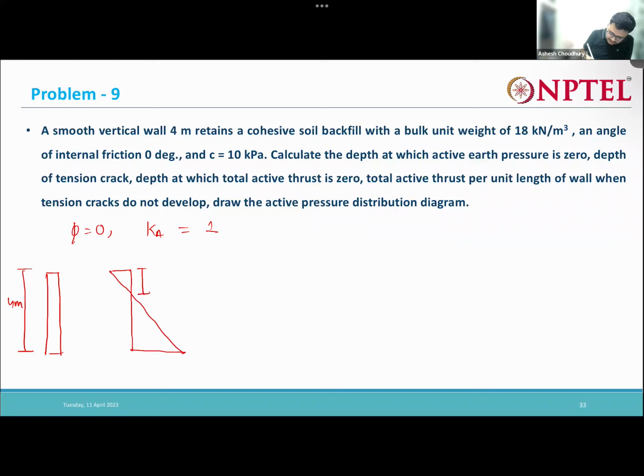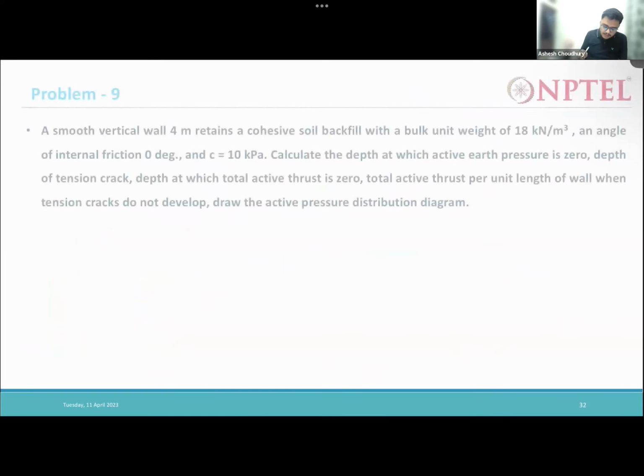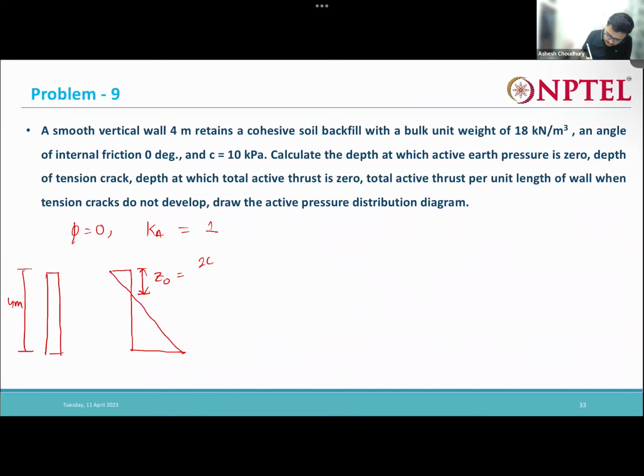And what is this height? We just calculated this. What was that? 2C by gamma root over K. So what will be this? 2 into 10 by 18. So 1.11 meters. Right.